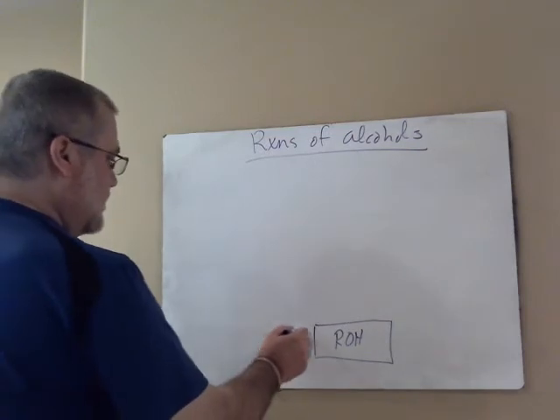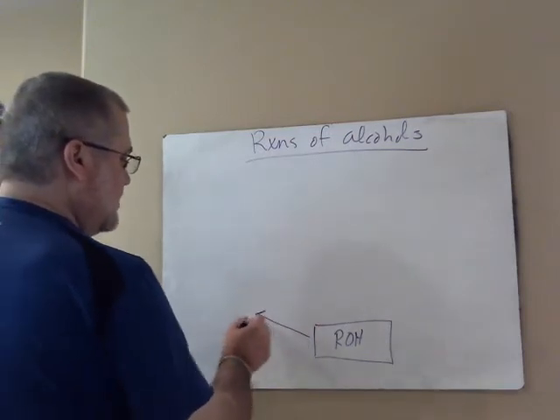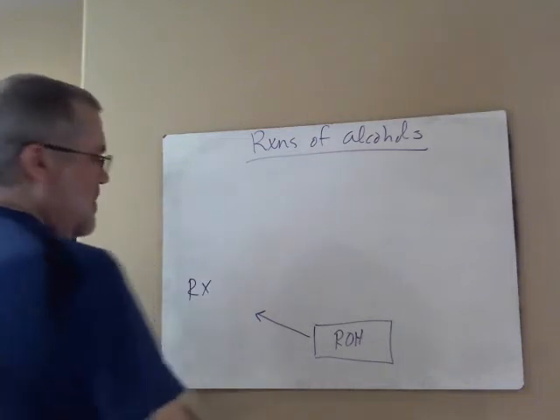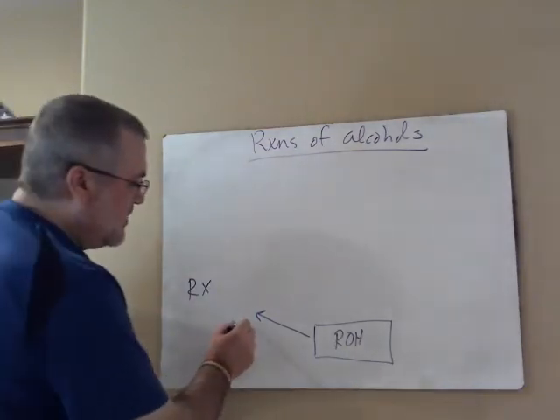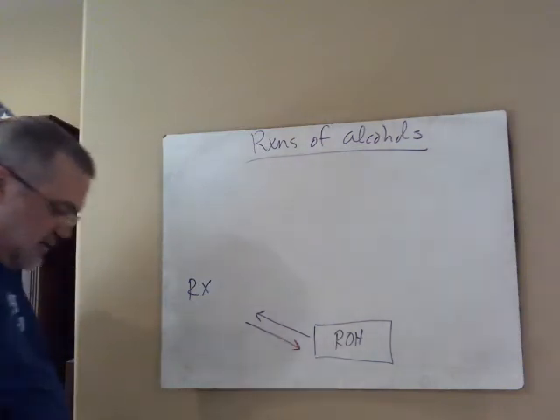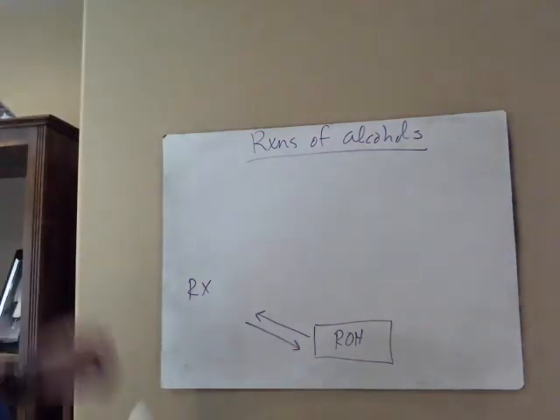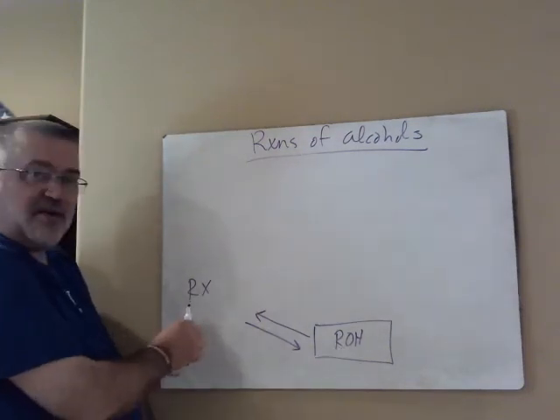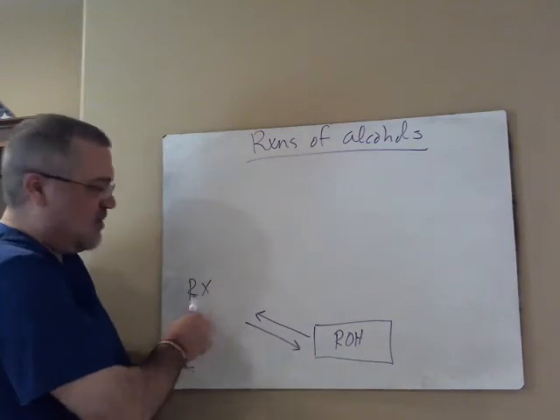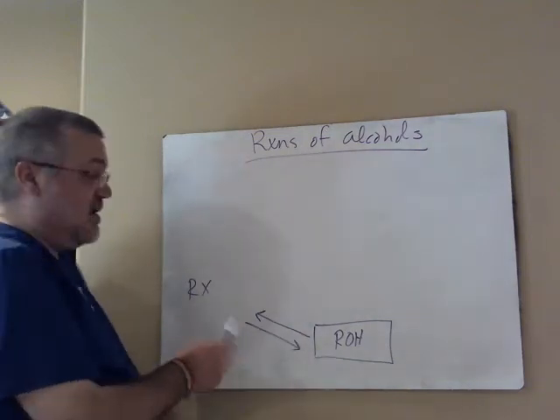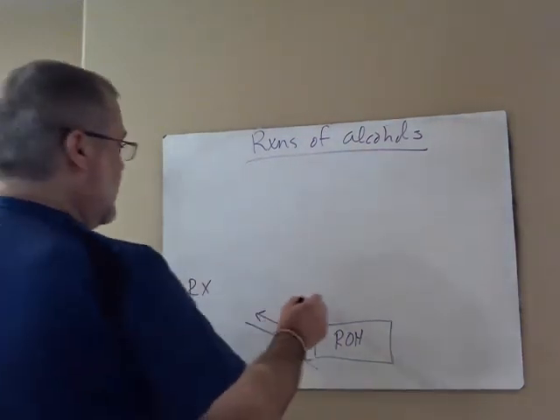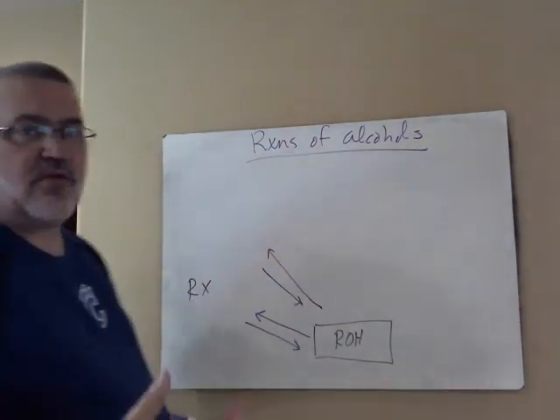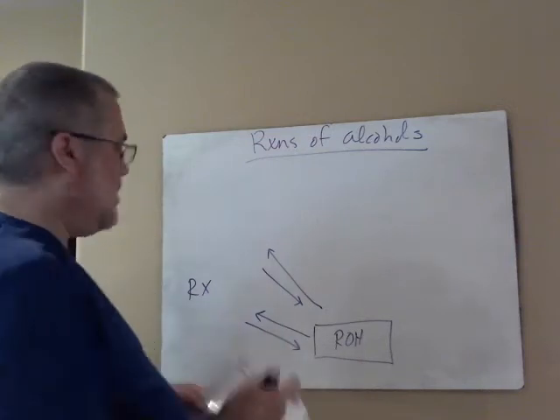The first of these is we're going to be able to convert these into alkyl halides. Now I want to emphasize the fact that in most of these cases you can go both directions. We're going to learn how to convert alcohols into alkyl halides, but we also know how to convert alkyl halides into alcohols. So synthetically, this is going to be really useful because alcohols kind of play a central role in synthesis. We can do a lot with them.